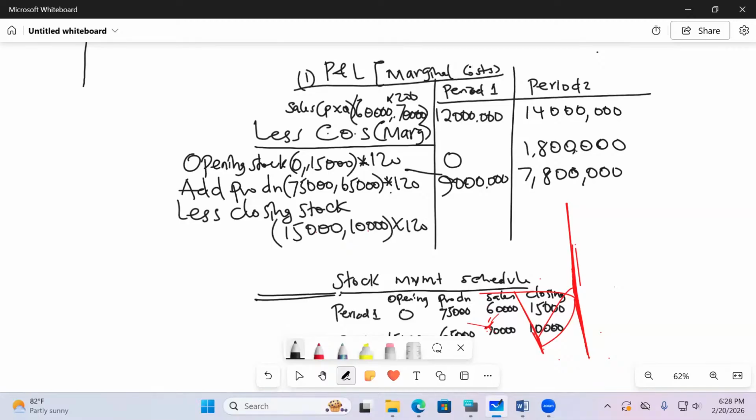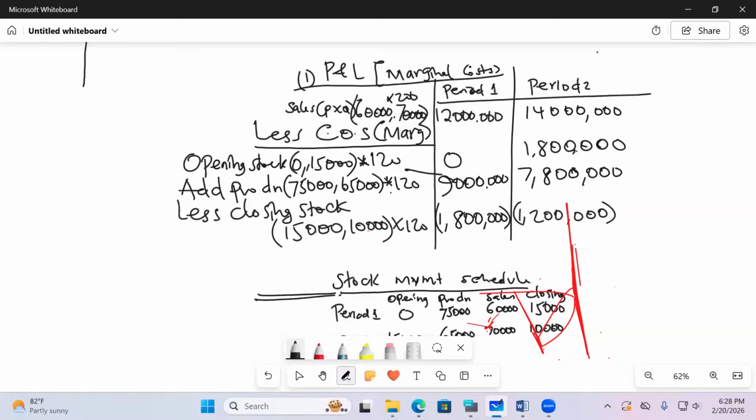At 120. So 15,000 times 120 gives me the value for period 1, which gives me what figure? 1.8 million. And then we have 10,000 times 120, which gives me 1.2 million, isn't it? Remember, closing stock is always subtracted at this cost level.